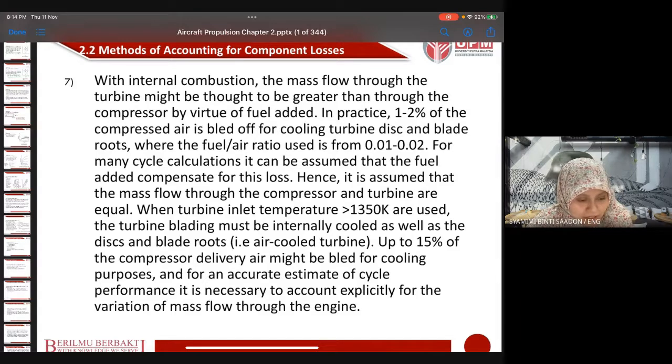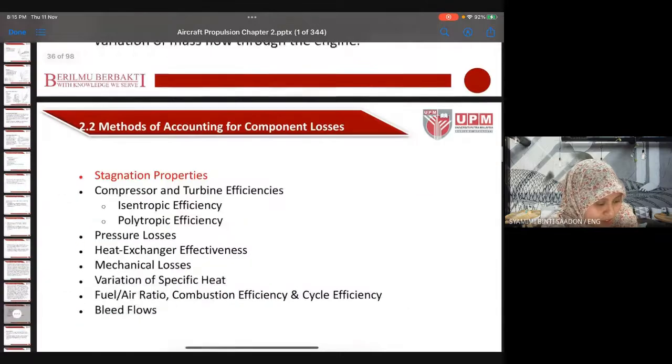The turbine inlet temperature has a maximum temperature that it can withstand, that it can accept. So that's why we sometimes need turbine cooling, internally air cooled turbine.